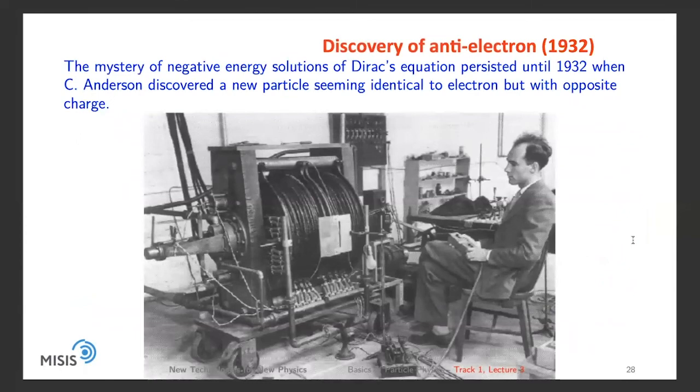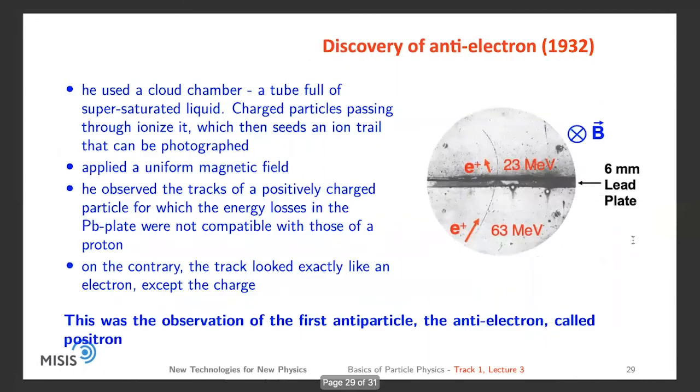The mystery of negative energy solutions of Dirac's equation was there until 1932, when Anderson discovered a new particle which seemed identical to the electron but with an opposite charge. You can see an event display here. He used a cloud chamber, a tube full of supersaturated liquid, and charged particles passing through this liquid were ionizing it, leaving a visible track, which could be photographed.